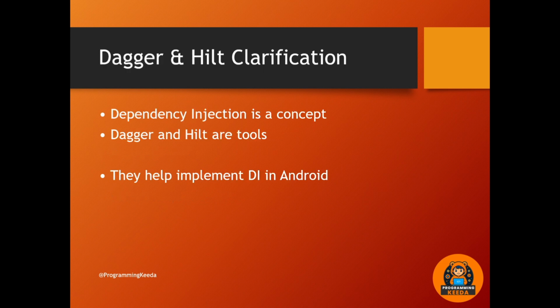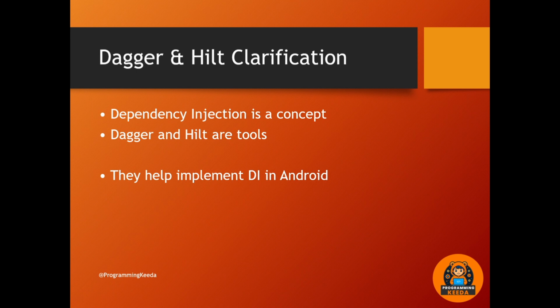Dagger and Hilt clarification. Dependency injection is a concept. Dagger and Hilt are tools. They help to implement dependency injection in Android. One commonly misunderstood point among developers is confusing dependency injection with tools like Dagger and Hilt.